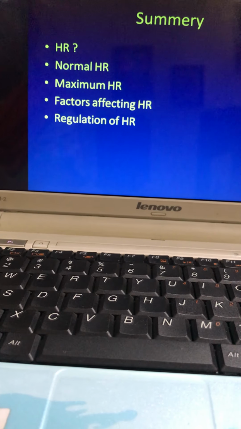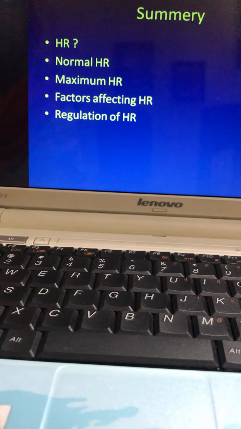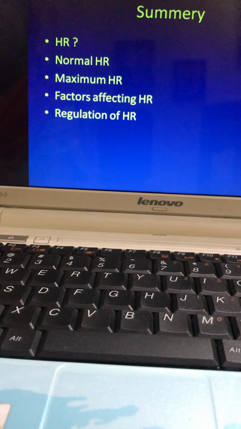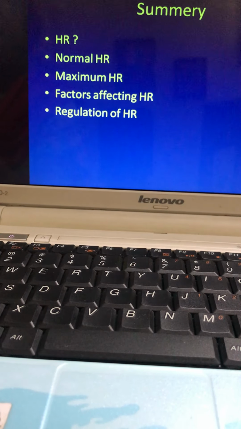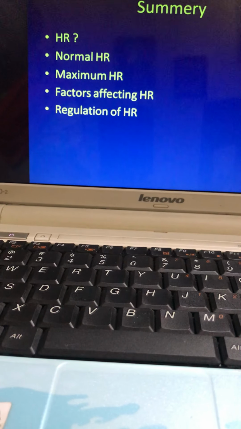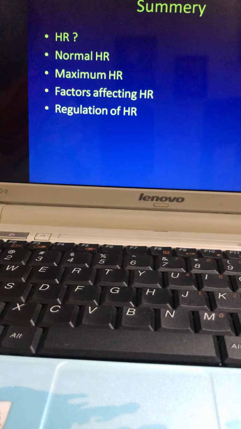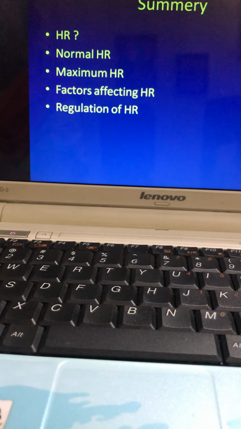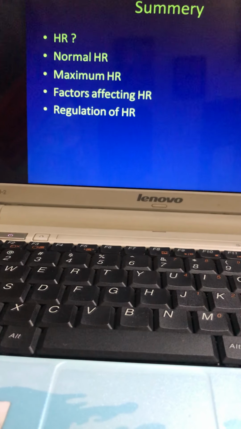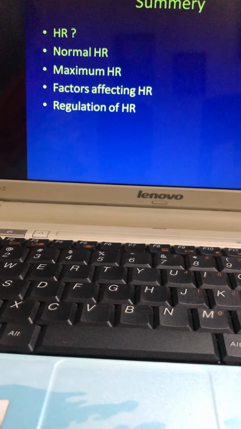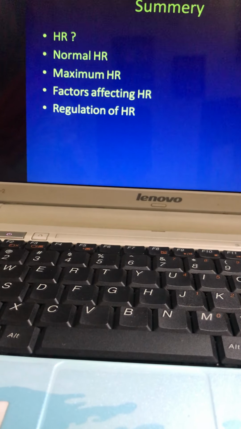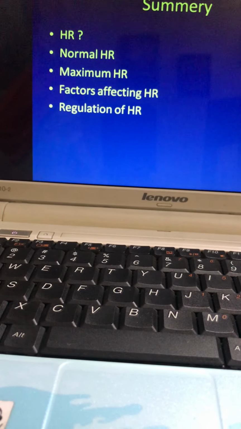The maximum heart rate is the maximum capability of the heart in exercise. In a healthy young adult, it is about 200 beats per minute. This maximum heart rate is also called the permissive level of heart rate.